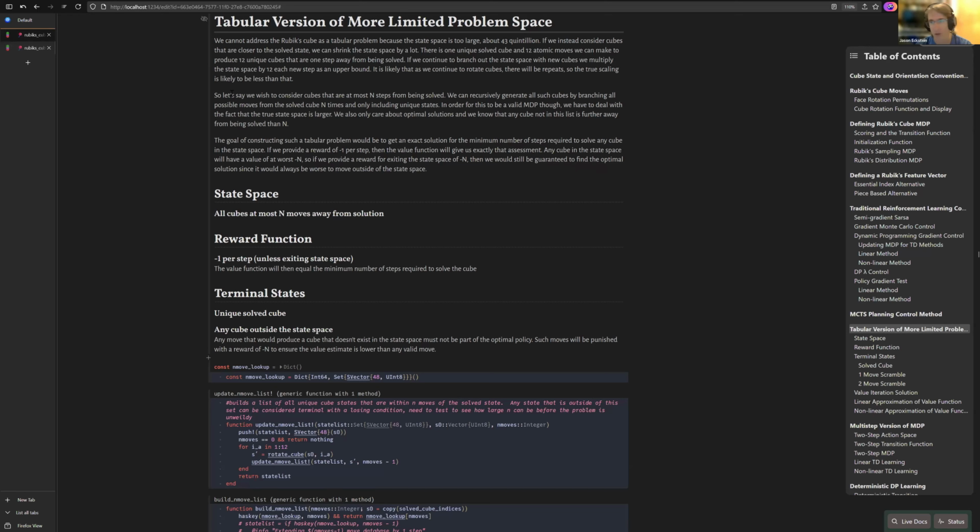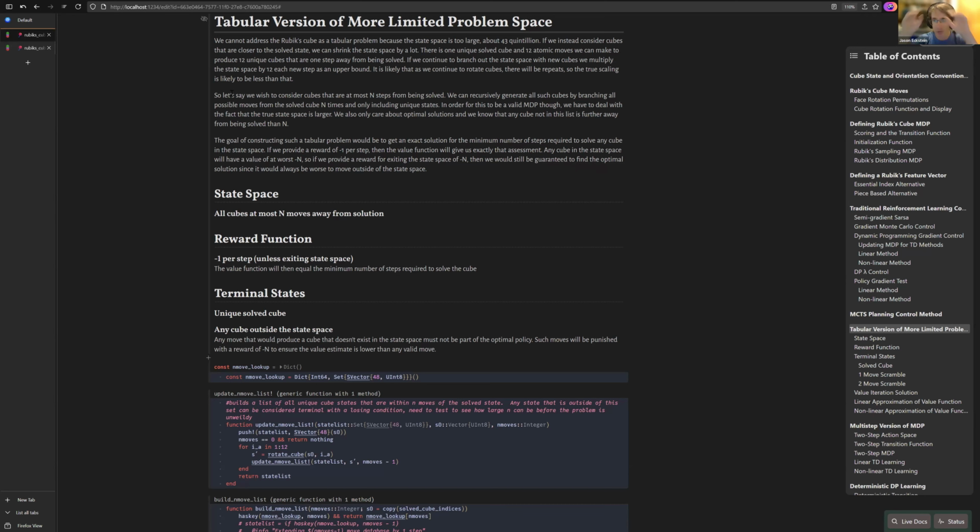So by doing this, though, we know that, let's say we choose a number n and we expand the space of cubes by keep branching, and we basically branch out to a depth of n.